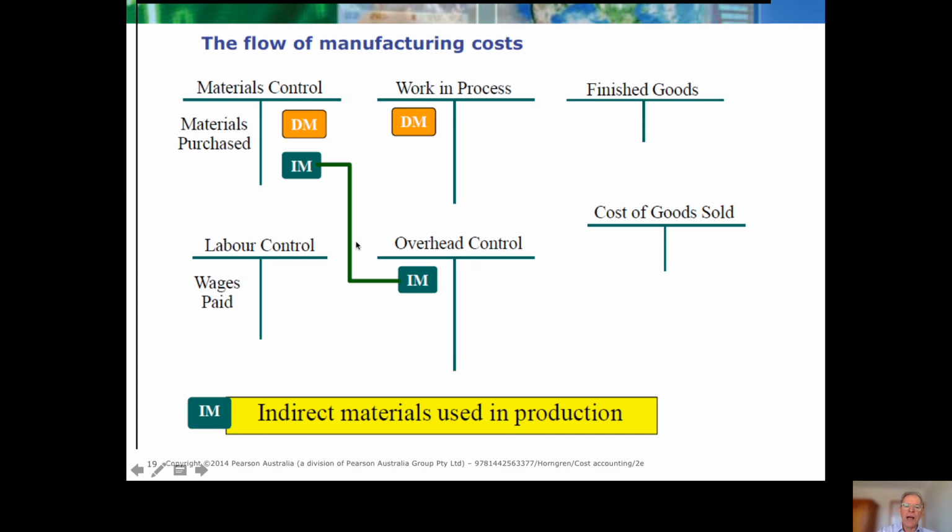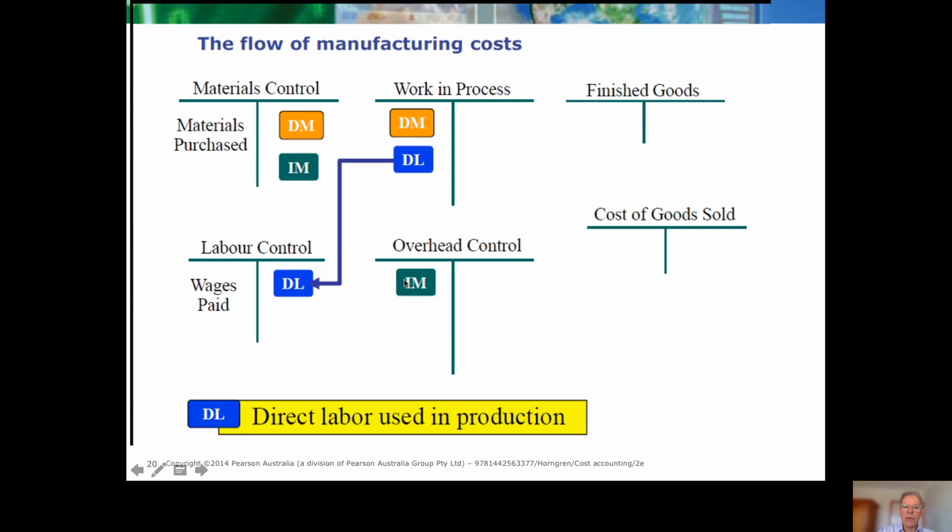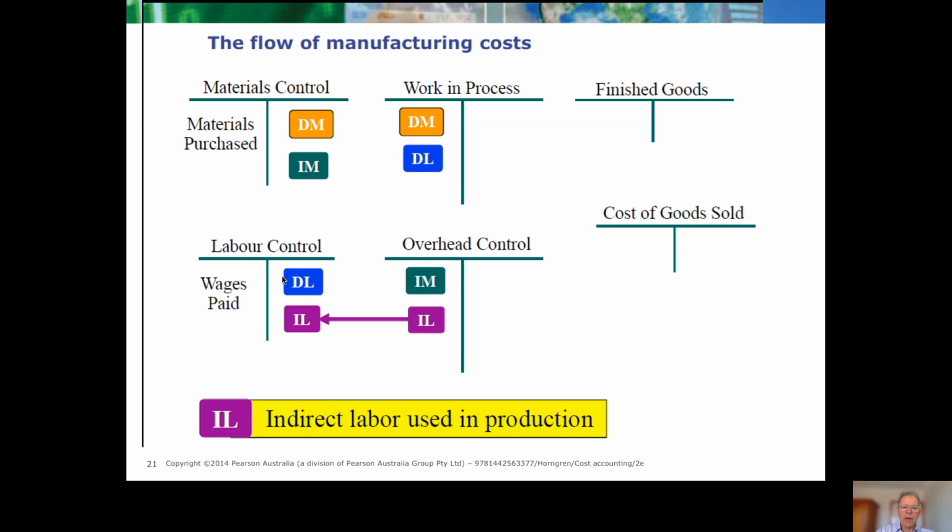So they will be allocated or charged actual indirect materials used, debited to the overhead control account, credit out of materials control. And then from the timesheets, we can then charge direct labour hours worked on the job. So debit work in process for those directly involved in the production process, and credit labour control for direct labour.